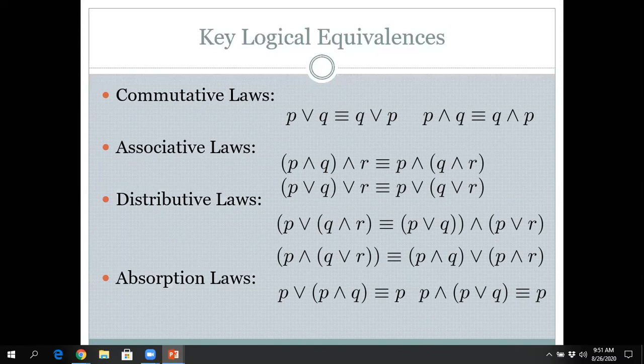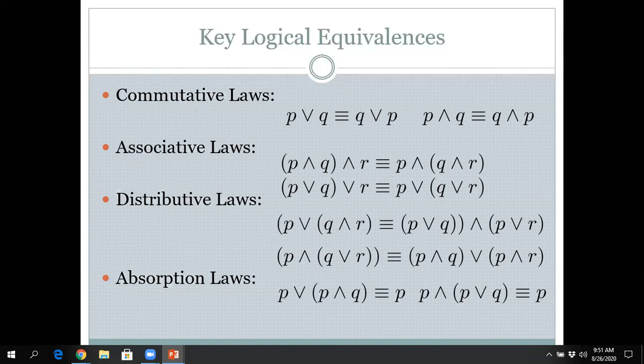So think about this absorption law: P or (P and Q). The easiest way to see why that's true is to distribute that or over that and. Actually, hang on a second. Is that just equivalent to P? Let's see here. Yeah, maybe it is.